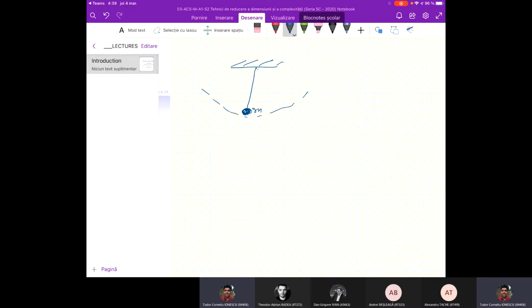This is a body of mass m attached to a rod hanging from a ceiling. This is the angular position, theta, and it's governed by the gravitational force, G, which is mg.